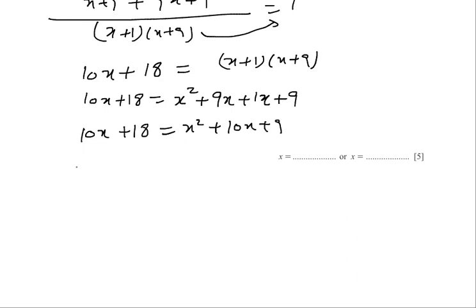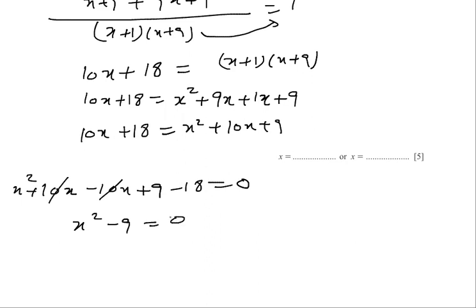All terms on one side. It will become x square minus 10x plus 10x, then plus 9 minus 18 equal to 0, because I'm shifting these terms to the other side. This will cancel. x square minus 9 equal to 0.